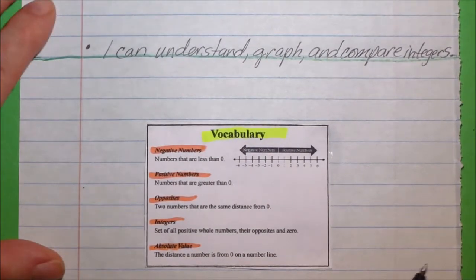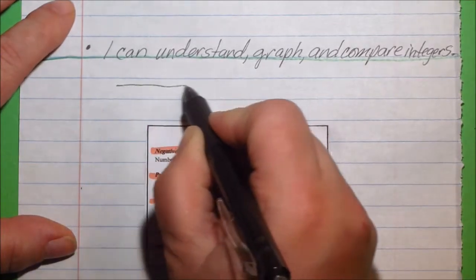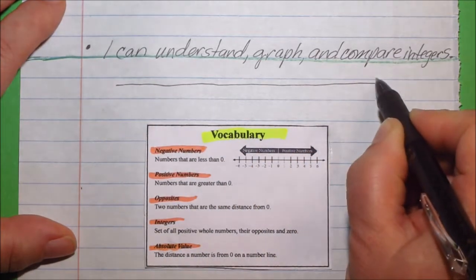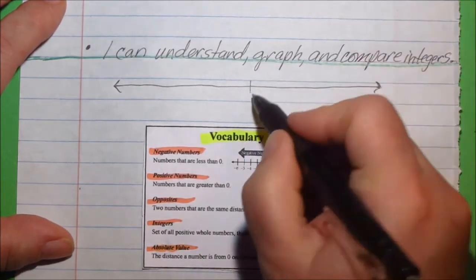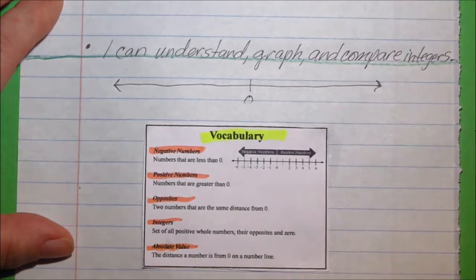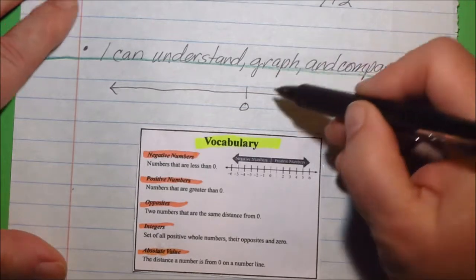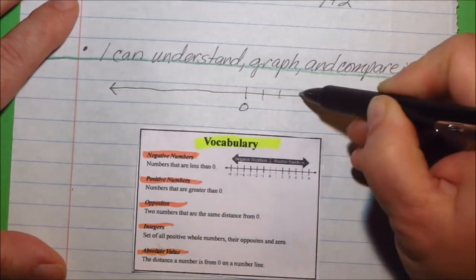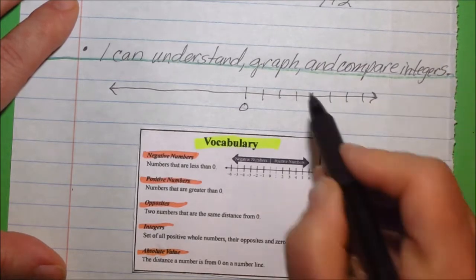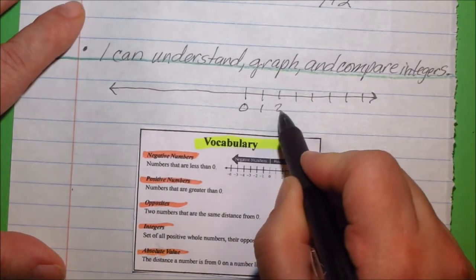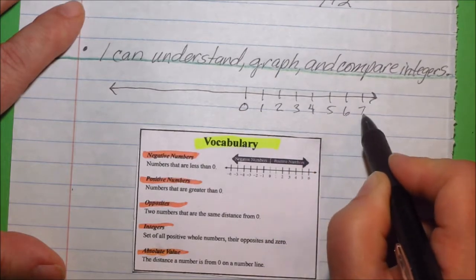So I'm going to draw up here a long number line, let's say about that long, and in the middle will be my 0. And then I'm going to try and make as evenly spaced tick marks as I can and number them, so they would be 1, 2, 3, 4, 5, 6, and 7.